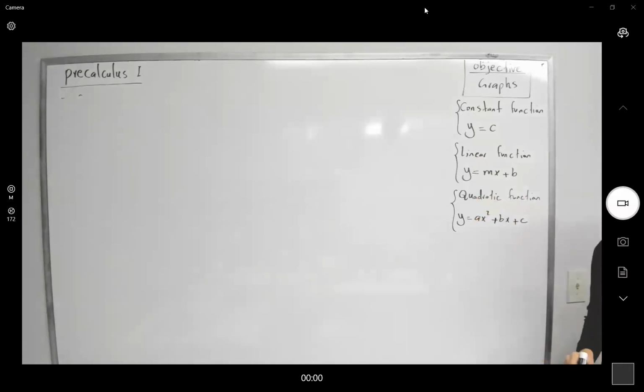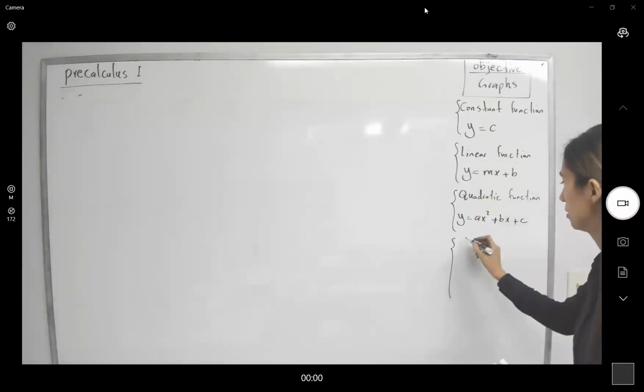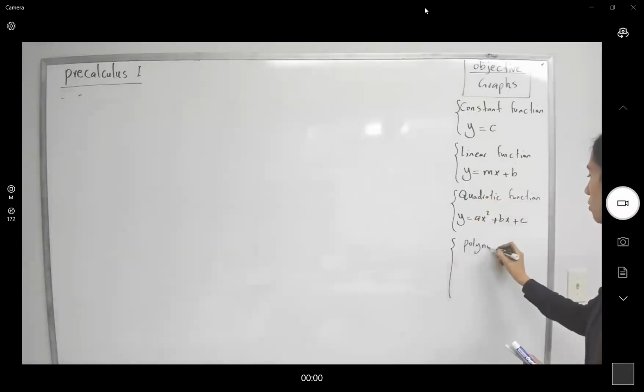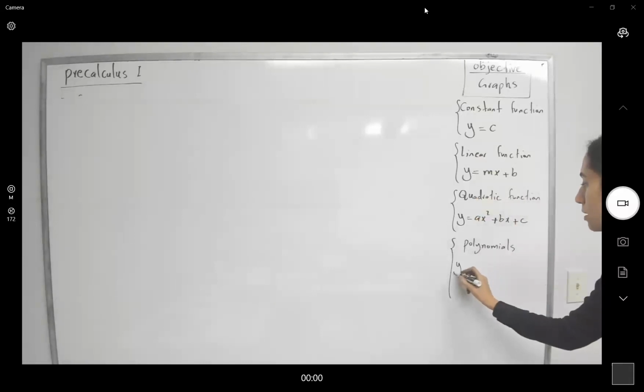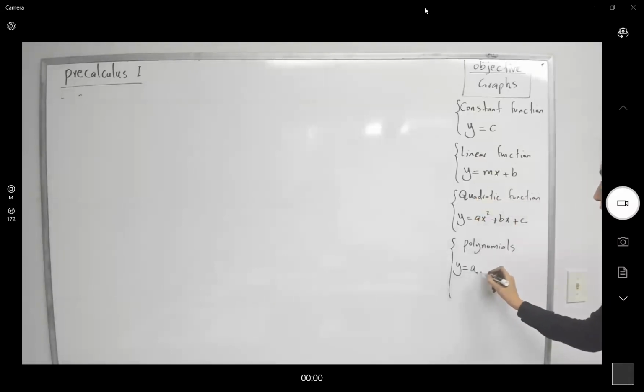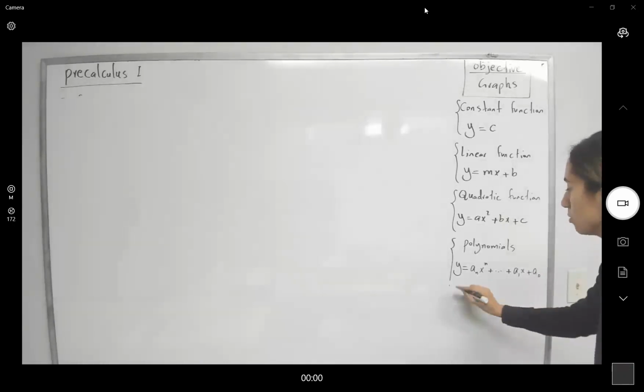Then we have polynomials in general. They have multiple terms. Here we represent them this way. We say that y is equal to a sub n x to the n plus the rest of the terms. Many terms are involved here. Then a sub 1 x to the first power plus a sub 0. This is called a polynomial function.